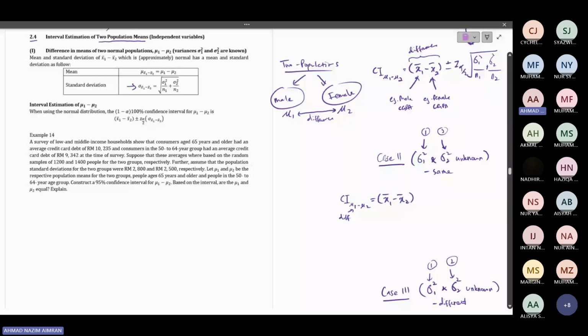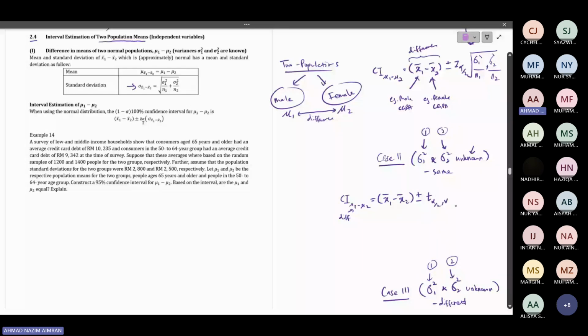When unknown, we will use T alpha over 2 with degrees of freedom.